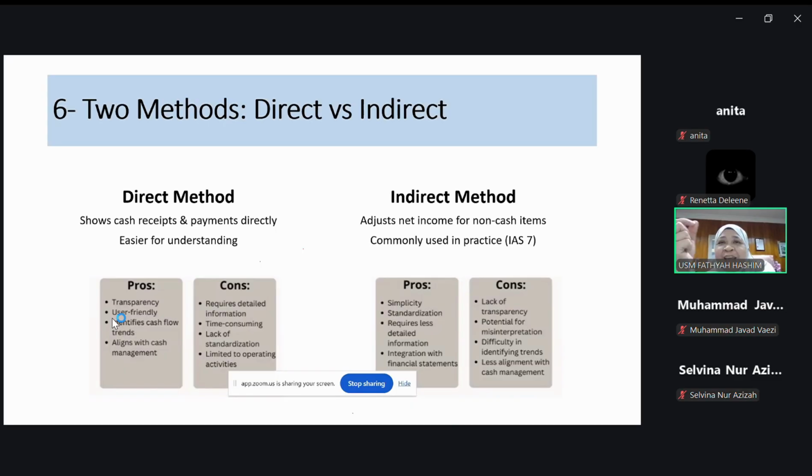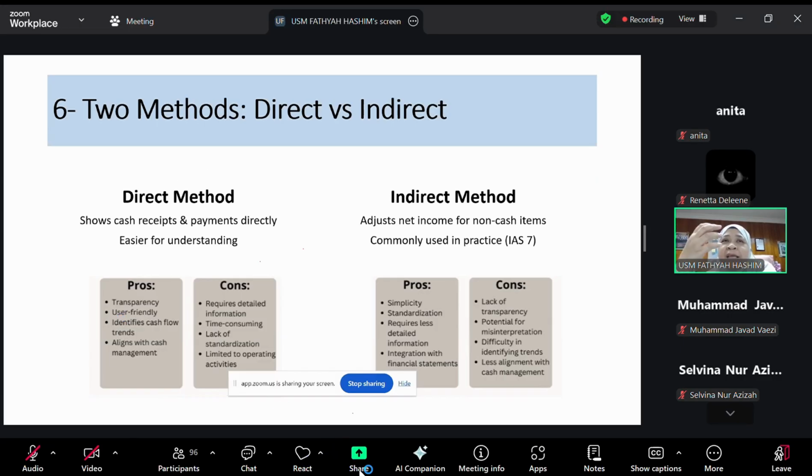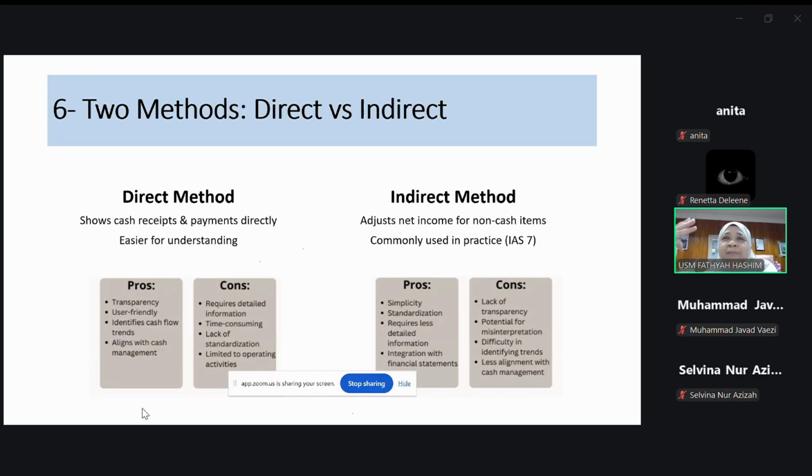And if you are a student and you have actually tried to come up with a cash flow statement using the information given to you, the information gathered from the income statement earlier is not sufficient for you to prepare the cash flow statement using the direct method.